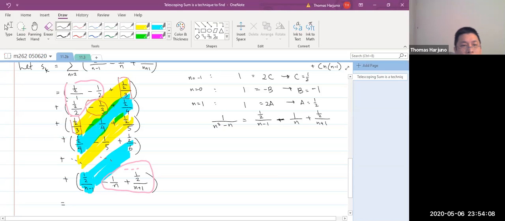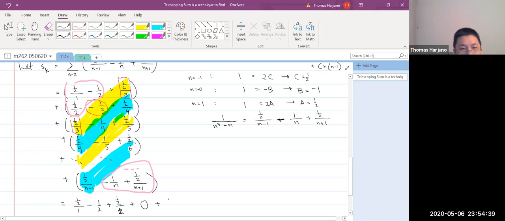If I rewrite it, the first uncancelled terms are 1/2 over 1 minus 1/2 plus 1/2 over 2, and plenty of things cancel in between, plus the last couple terms not being cancelled. What is the term that you see here?